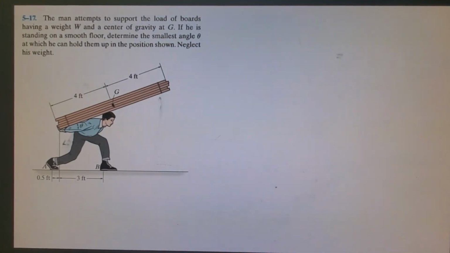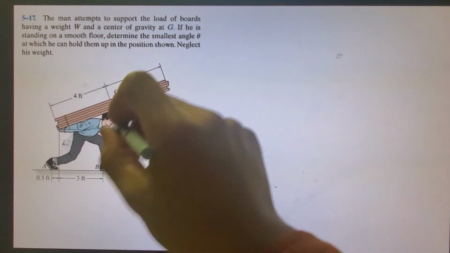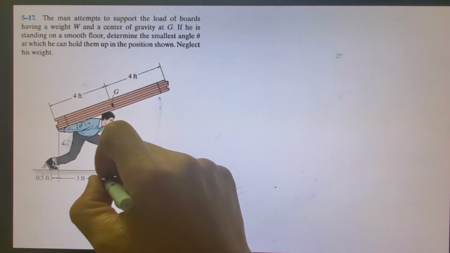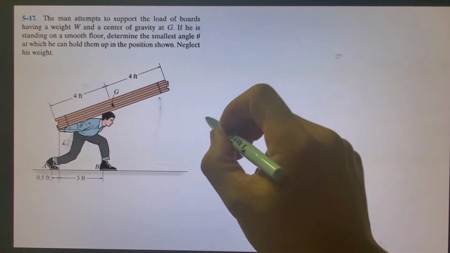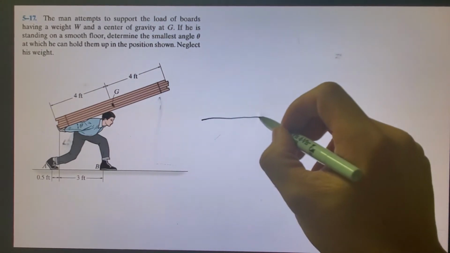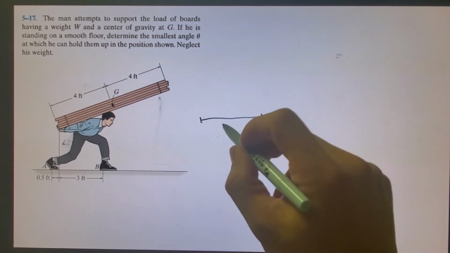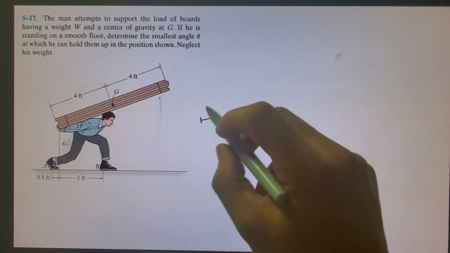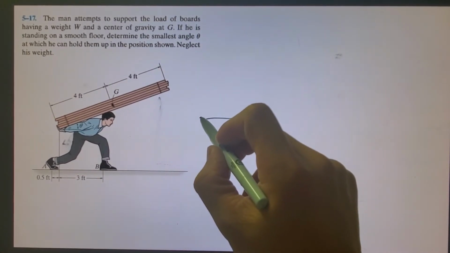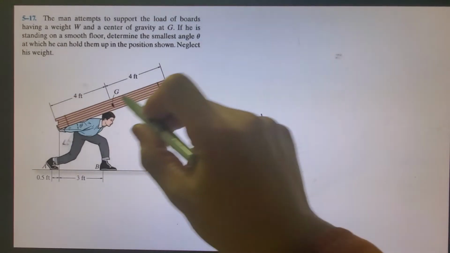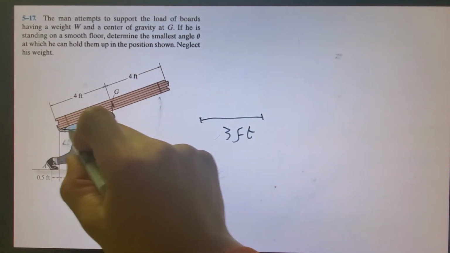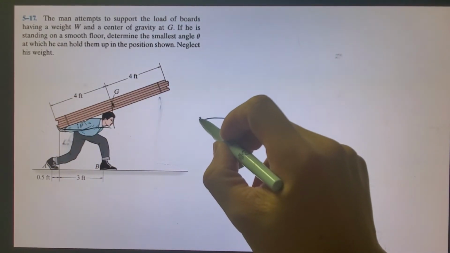I have mentioned before, if the center of gravity is outside of this level here, then it's going to flip. So the base, I have 3 feet over here. Okay, so this one, I have 4.